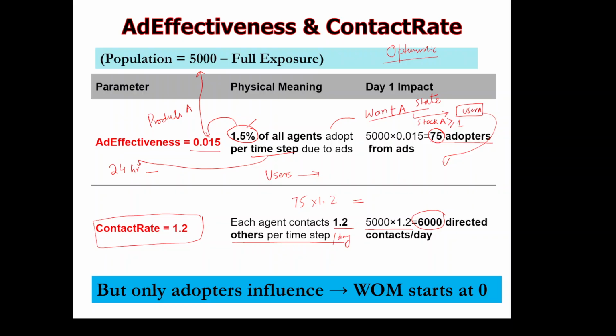try to influence others. This influence is first initiated by a contact, and then when the contact is done, they try to influence them. So the contact is given by 75 times 1.2. When they make contact with others, the persons being contacted can either adopt the product on the recommendation, or they can simply ignore the advice.